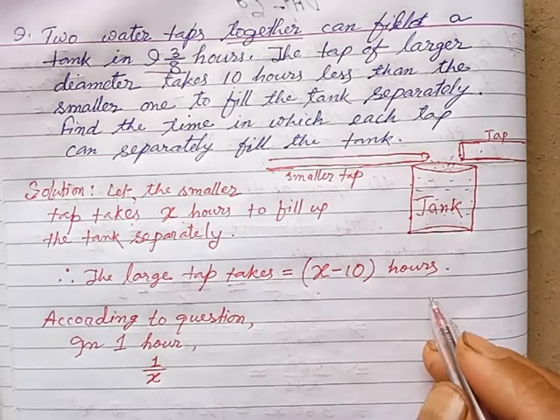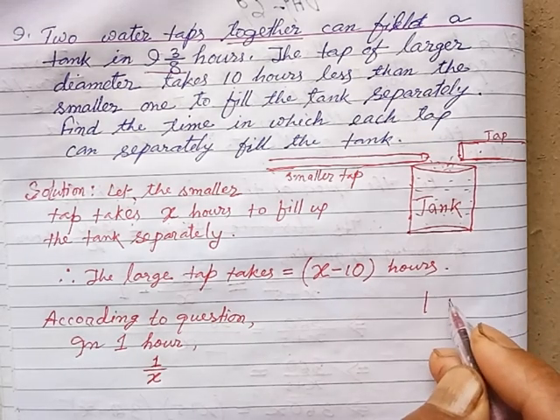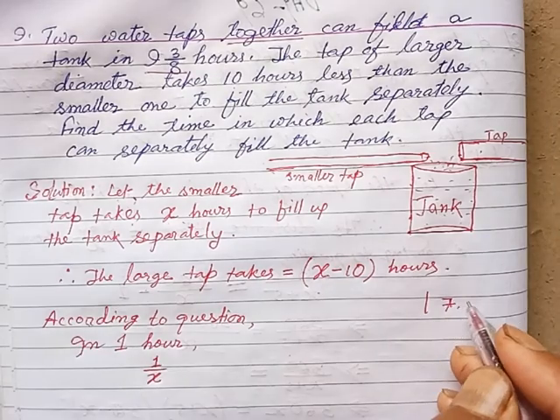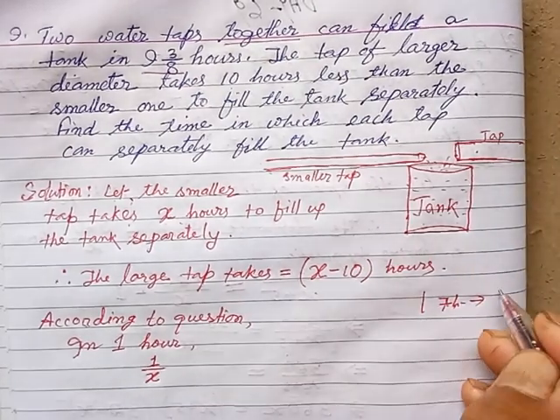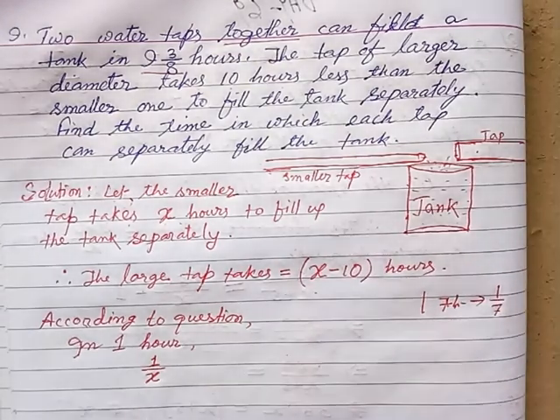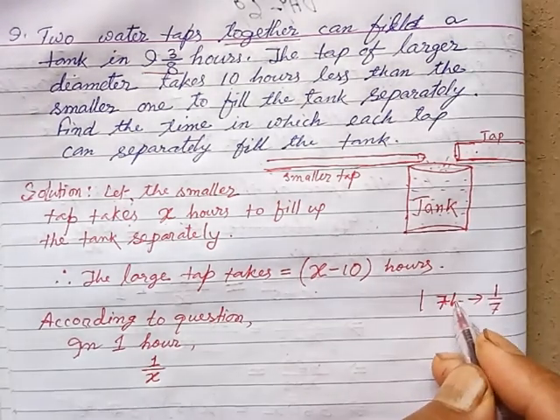One basic thing I'll show you here: if a tap can fill the tank in 7 hours, then in 1 hour how much can it fill? In 1 hour it can fill 1 part out of 7 parts, 1/7. This is a general basic thing you have to know.